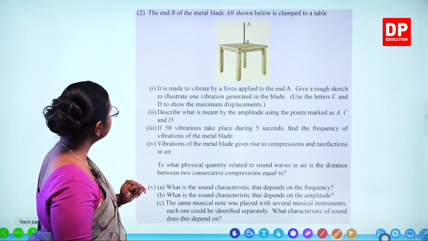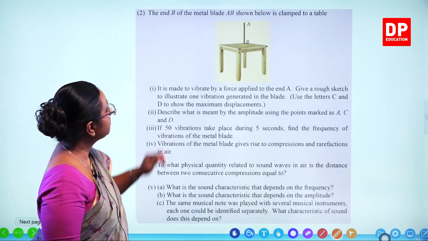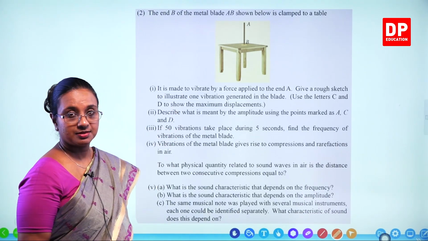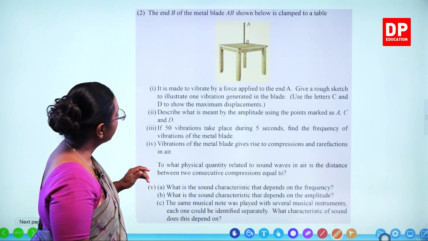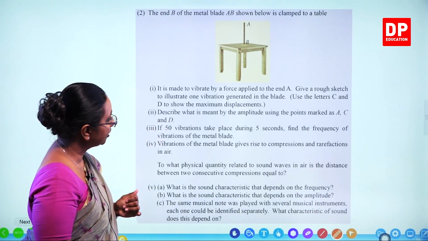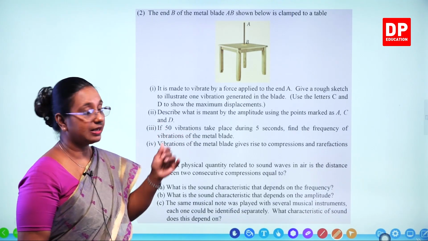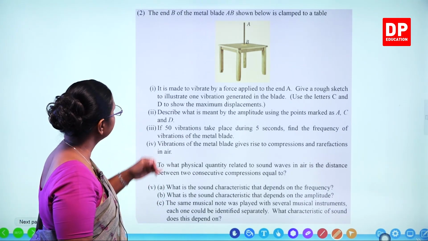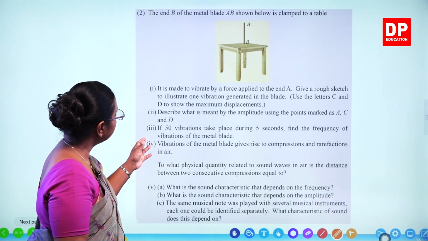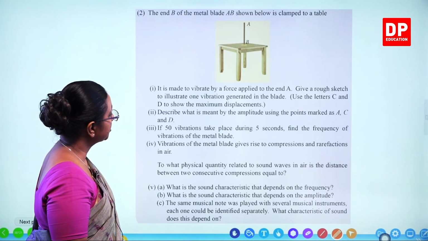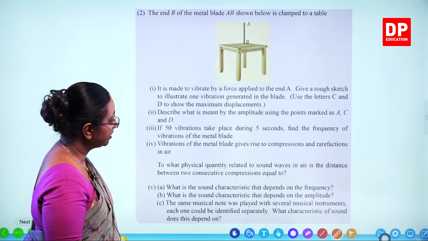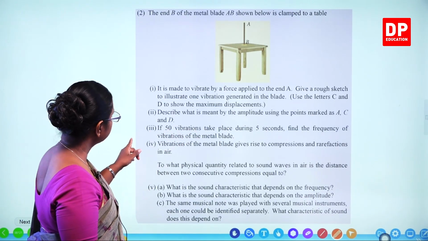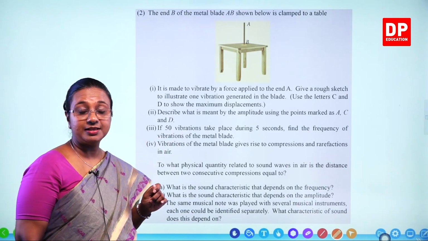Use letters C and D to show the maximum displacement. Describe what is meant by the amplitude using the points marked as A, C and D. If 50 vibrations take place during 5 seconds, find the frequency of the vibrations of the metal blade.